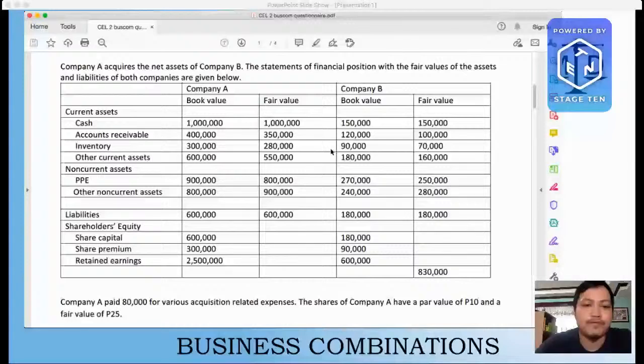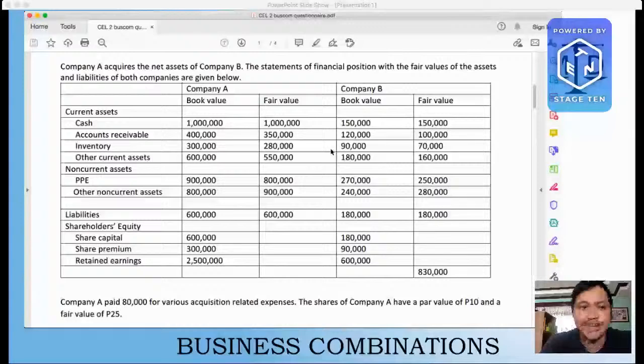Okay, so aside from being asked to compute for the goodwill or gain on acquisition, class, you would be asked how much is the combined or consolidated assets. Okay, the problem could simply ask you for the total assets, or it could ask you for the individual assets. So if the problem contains multiple questions, number one would be goodwill or gain, and again, it is simply consideration minus fair value.